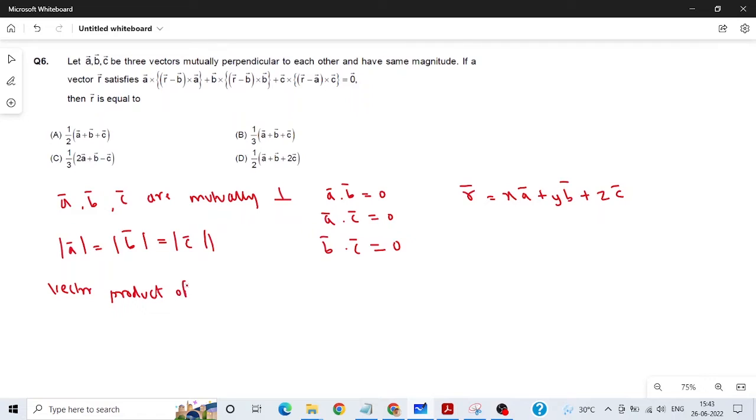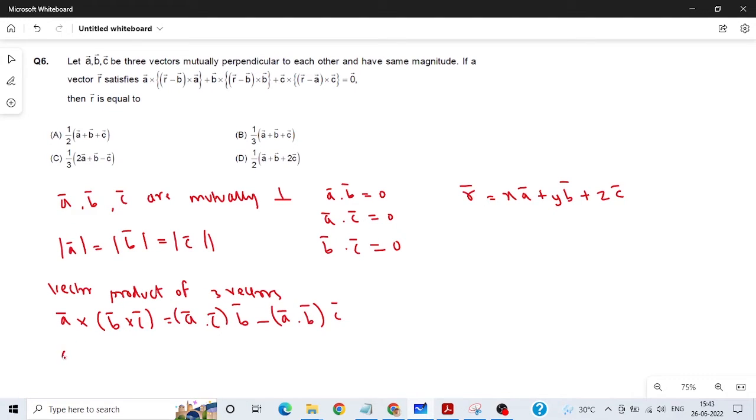The formula is A bar cross product with B bar cross C bar equals A bar dot C bar, this is a scalar, B bar minus A bar dot B bar, C bar.